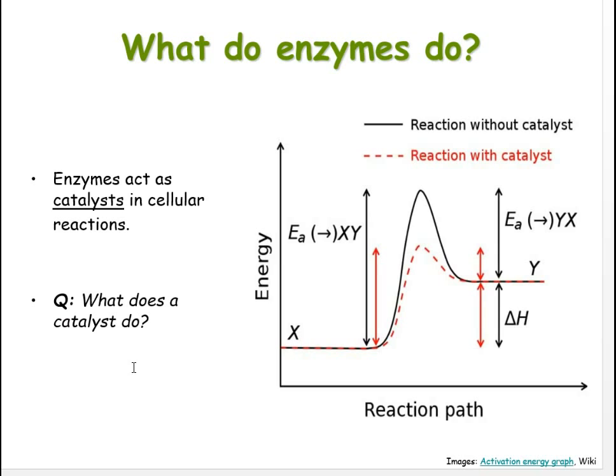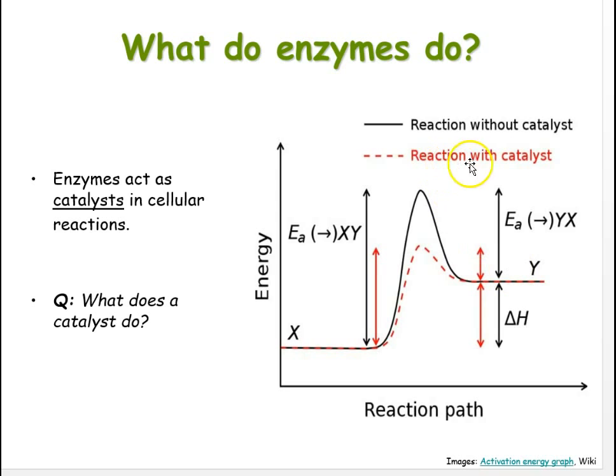Let's concentrate on the black line first, and then we'll do the little dotted line next. The black line is showing the energy that's needed and time. What it's saying is there's a reaction that's occurring in your body, and without this enzyme, it's going to take a lot more energy and a lot more time to actually get done.